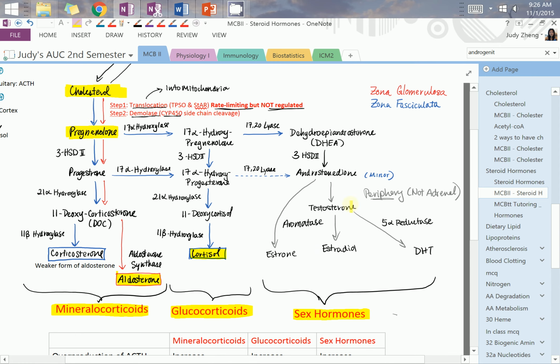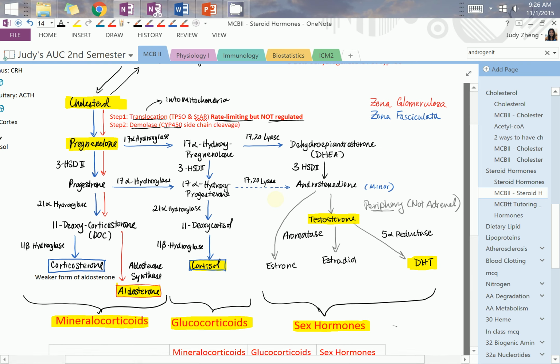That includes your testosterone, your estrogen, so estrone and estradiol, they're all different forms of estrogen. And testosterone can also be changed into DHT, which is a more potent form of testosterone. These steps are taking place in the periphery, so these are not in the adrenal cortex.